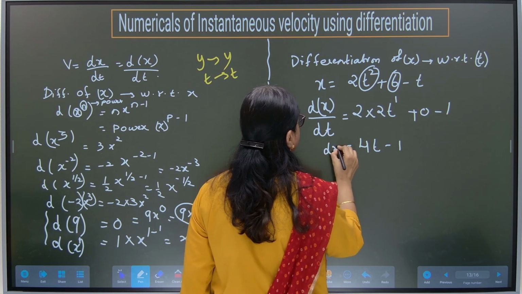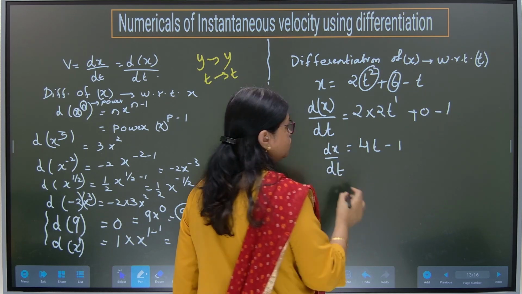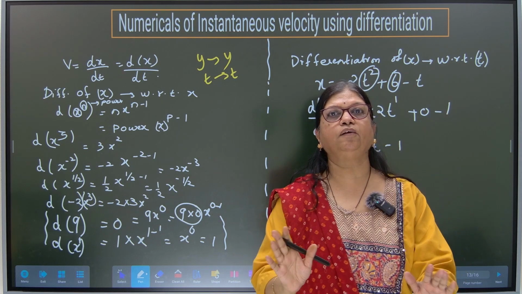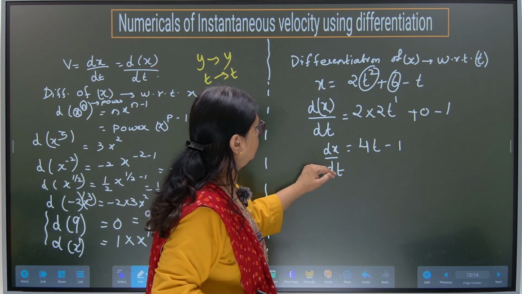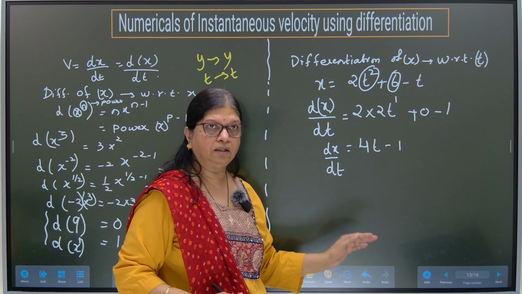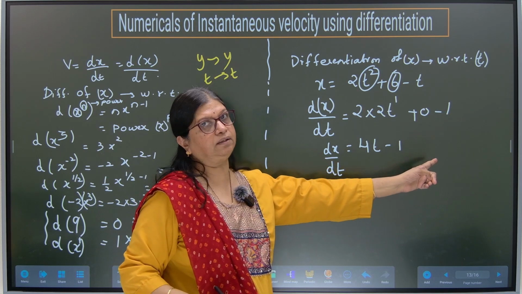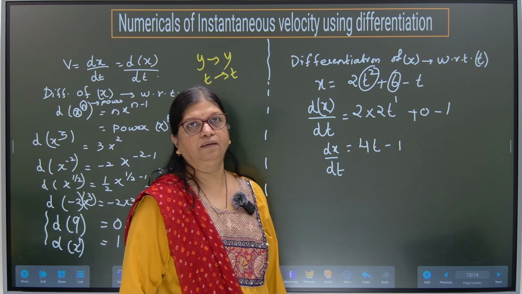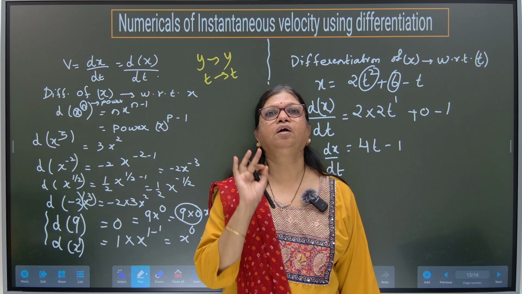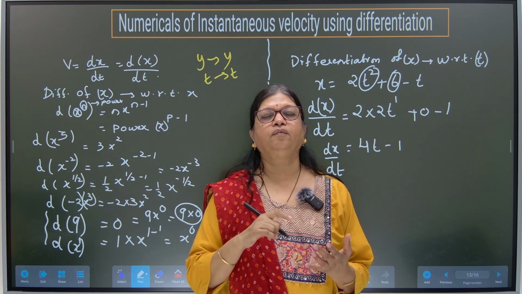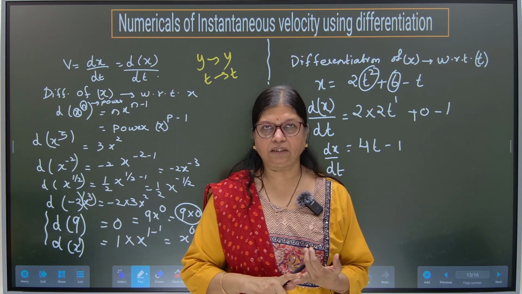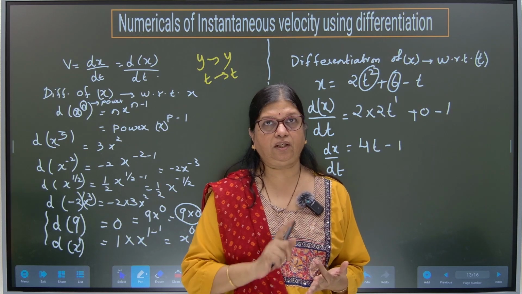So what is my dx by dt? That is differentiation of x with respect to time. The formula I will follow is the same, but in the denominator I will write dt. Or I can write dt as a product there also. Same thing it is. Fine. I hope I am clear with differentiation of a variable, whether it is with respect to the same variable or whether it is with respect to another variable.